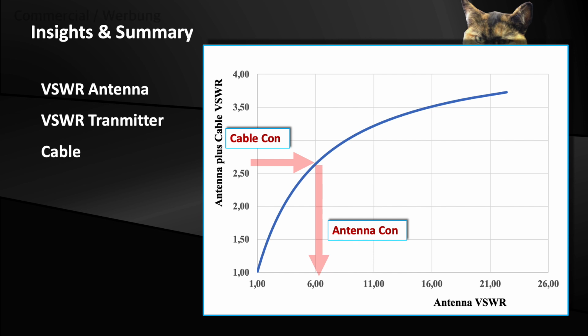What you see at the end of your feeder cable might be pretty different from the actual VSWR at the antenna connector. With a high feedline attenuation, you might still see an acceptable VSWR while your antenna is already rusted out. Now we have a tool for the better interpretation of the results.